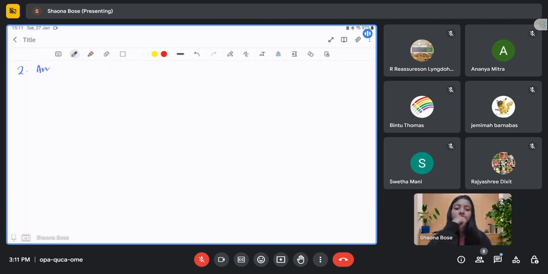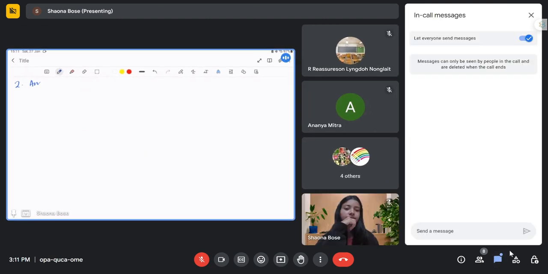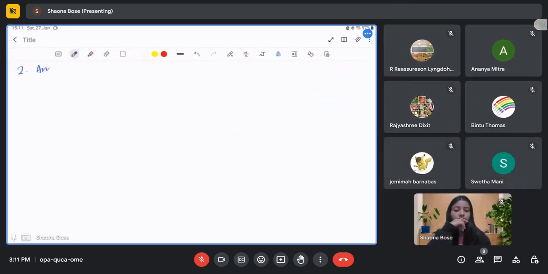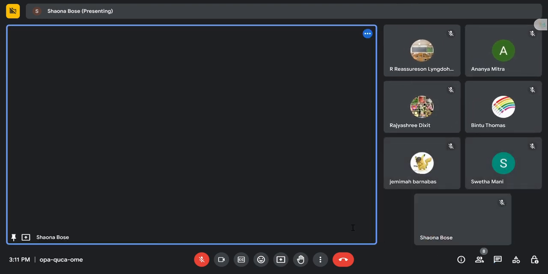Is there any such facility in Google Meet? In message chat, I think I can only type something but not send the PDF. Okay, no problem.